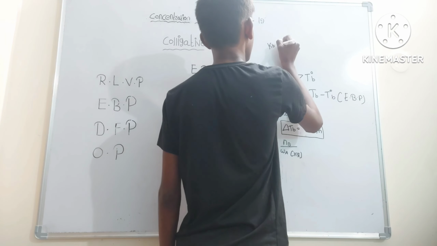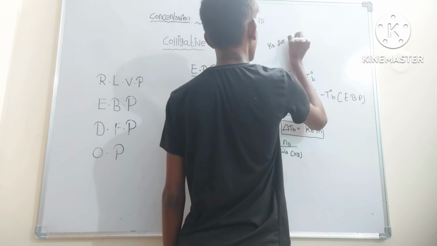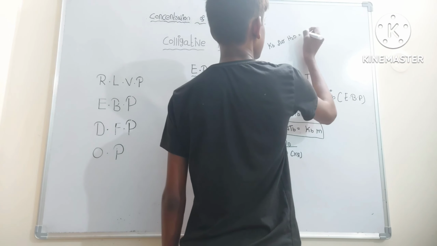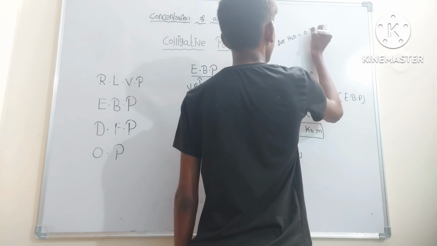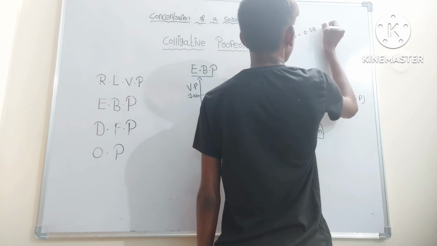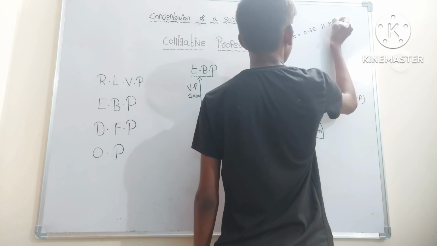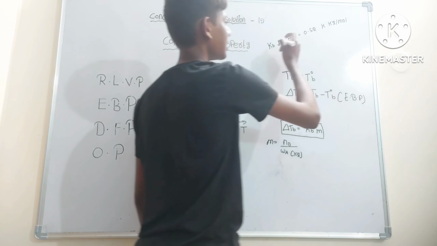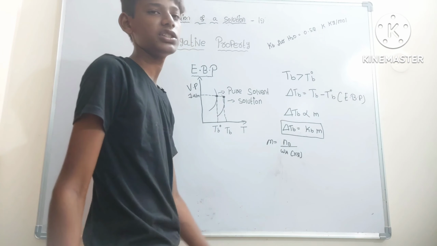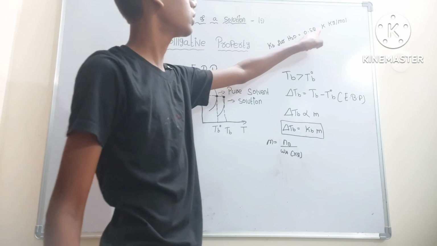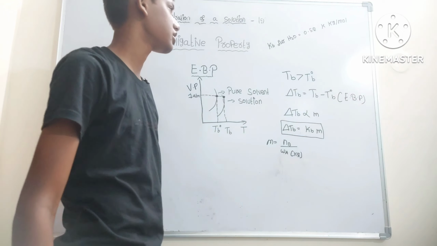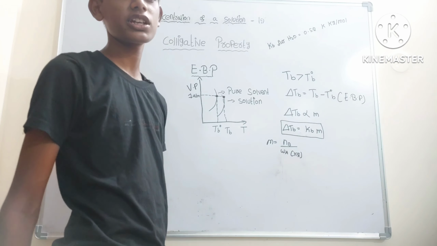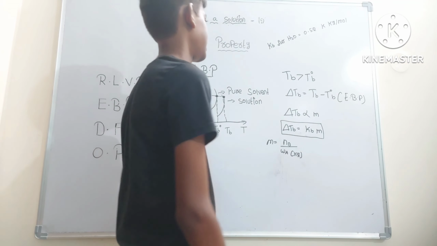Kb for H2O is equal to 0.52 Kelvin kg per mole. It is given in the questions. Remember this one. Kb is the molal elevation constant or ebullioscopic constant.